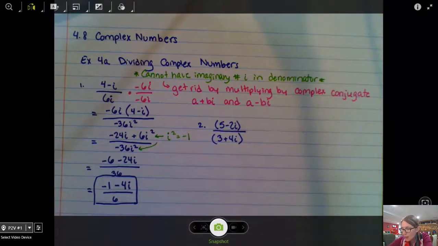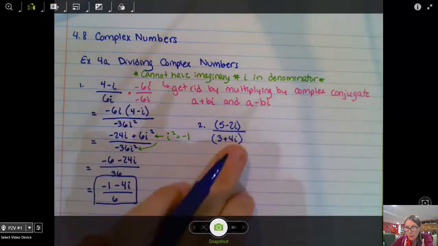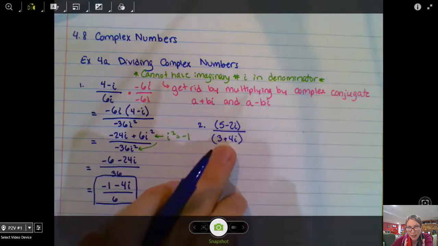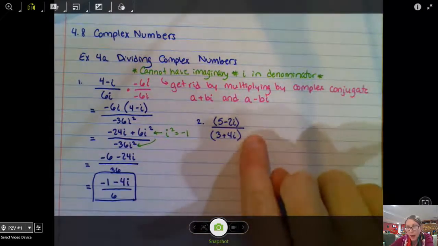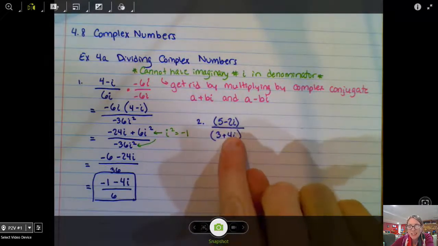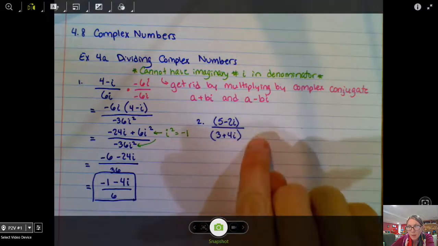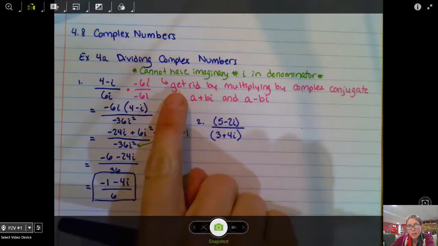Just like in the first part here, I have an imaginary in the denominator. This is a little bit more complicated. So right now, if I just multiplied by negative 4i, I'd have negative 12i minus 16i squared. So I'd get rid of the imaginary in one part, but I'd still have that imaginary times the 3. Look back up here again.